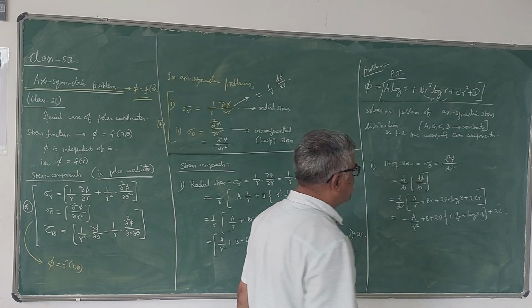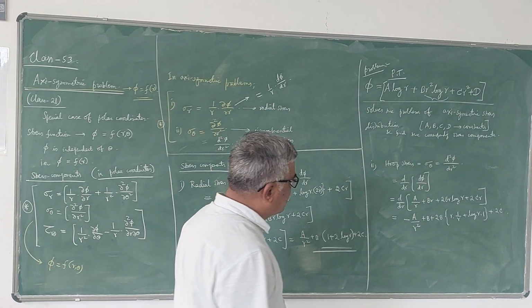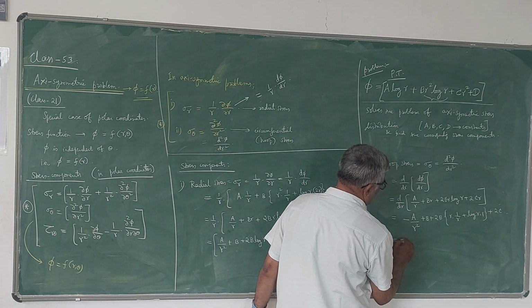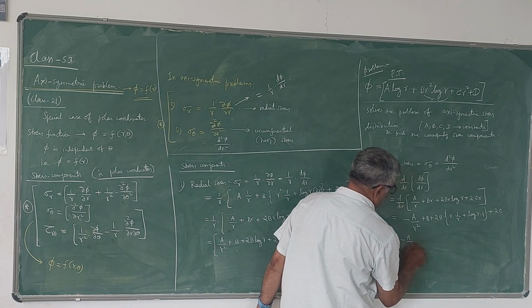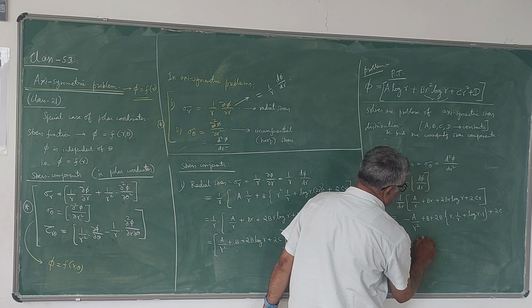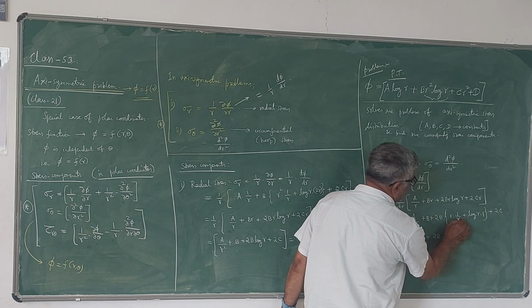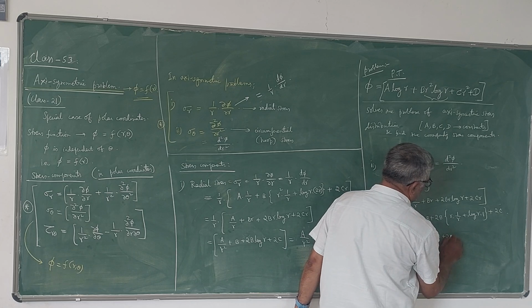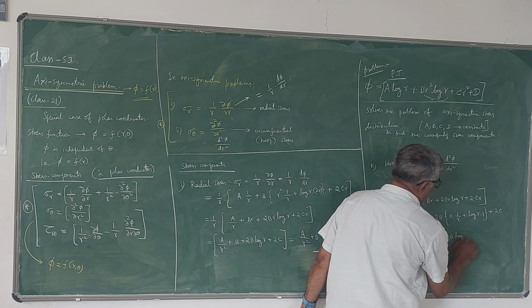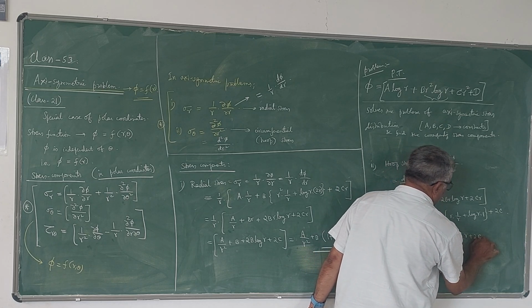So minus a by r square plus b plus, multiply 2b, r and r will cancel, plus 2b log r plus 2c.